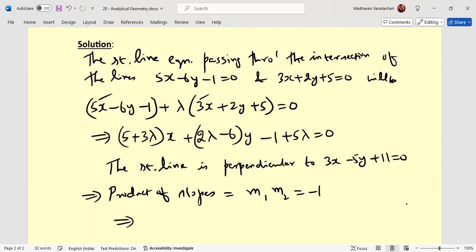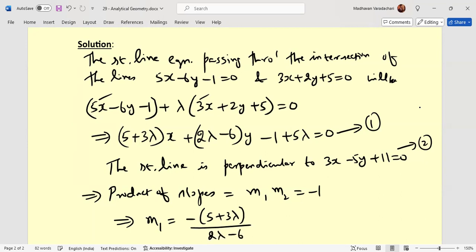That means let us identify the slope for line 1 and for line 2. M1 will be minus of 5 plus 3 lambda divided by 2 lambda minus 6. That is your M1. And M2 from the second equation, we may identify as 3 by 5.